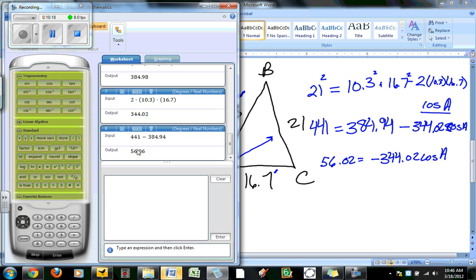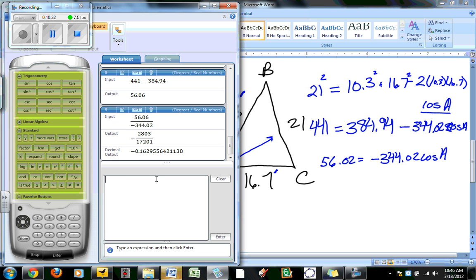In order to get cosine of A, I've got to divide. So I'm going to take this answer and divide it by a negative 344.02. Let's put parentheses so it doesn't get confused with my minus and my subtract sign. So this becomes a negative 0.16 and so forth equals the cosine of A. And in order to get rid of this cosine, we take the cosine inverse of both sides.